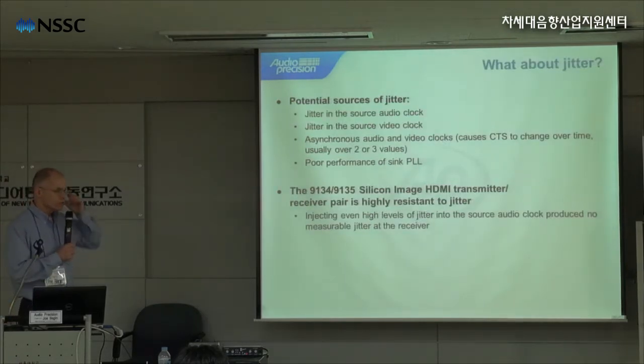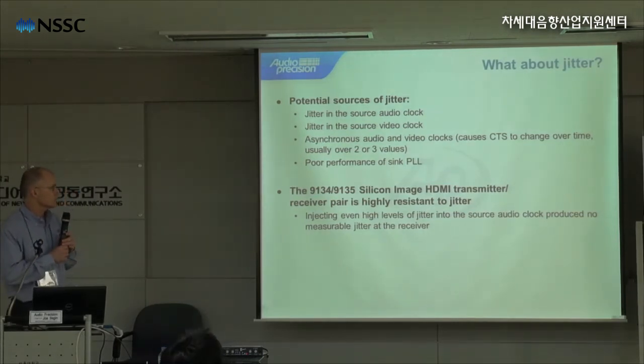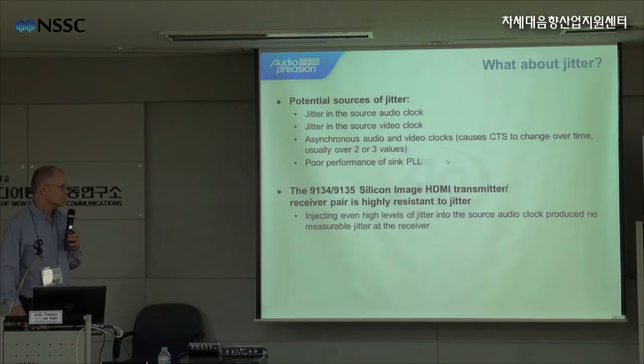Now what about jitter over the HDMI interface? Well, potential sources of jitter are jitter in the source audio clock, jitter in the source video clock, asynchronous audio and video clocks, which can cause CTS to change over time, or poor performance of the sync phase locked loop.